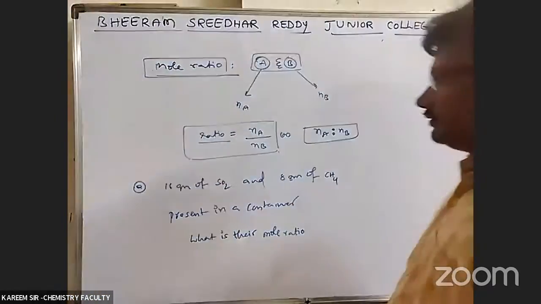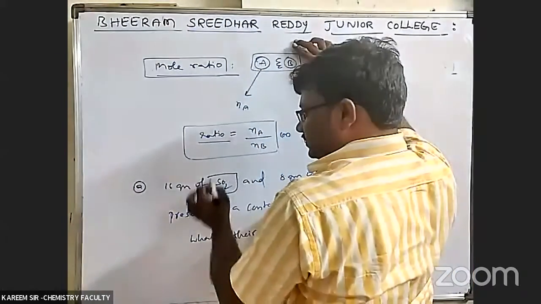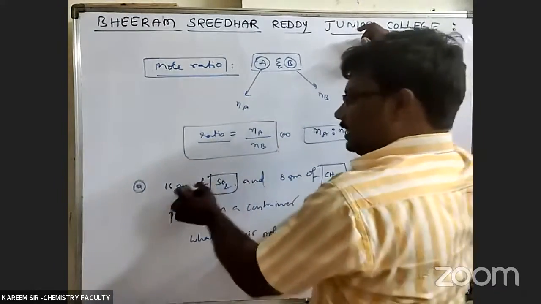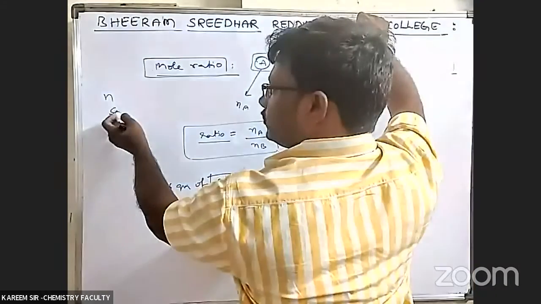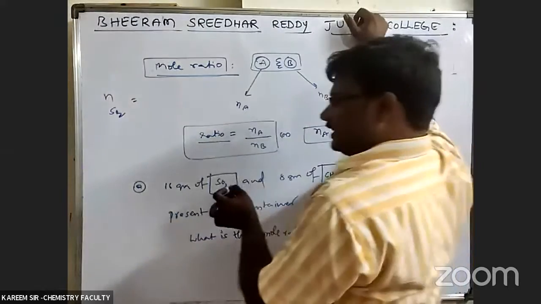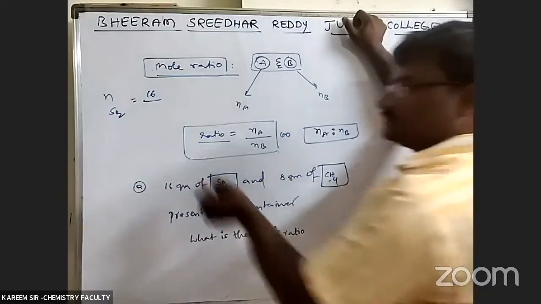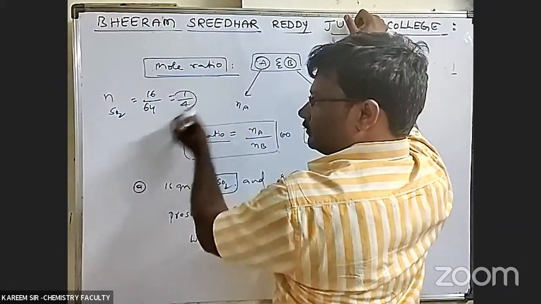Did you find the mole ratio? I told you, for each substance, A is here, SO2 is given, B is given, CH4. Individually calculate their moles. What is the formula of number of moles of SO2? Its weight by its molar mass. The weight given is 16 grams, its molar mass is 64. 16 by 64, 1 by 4.